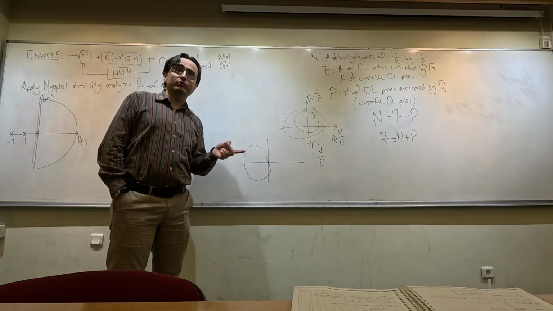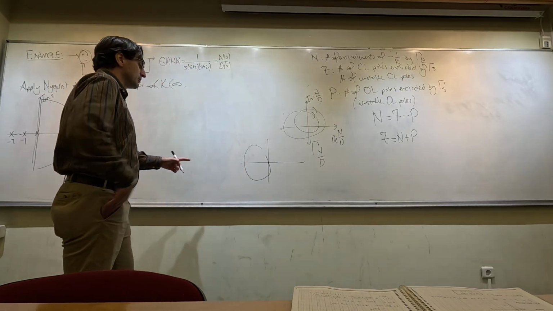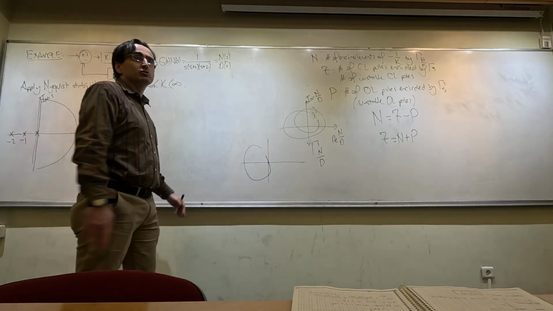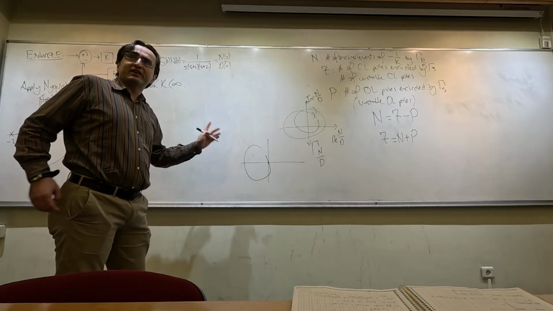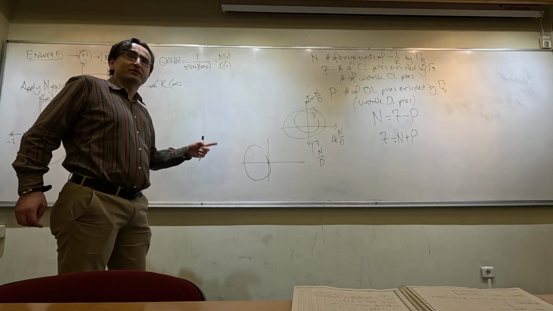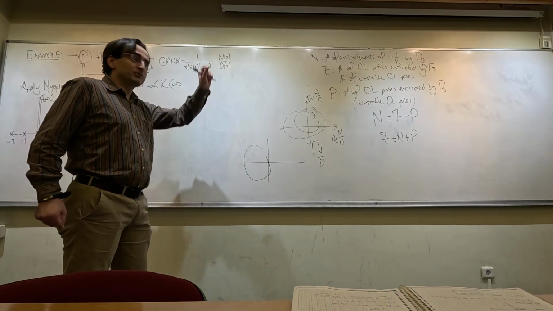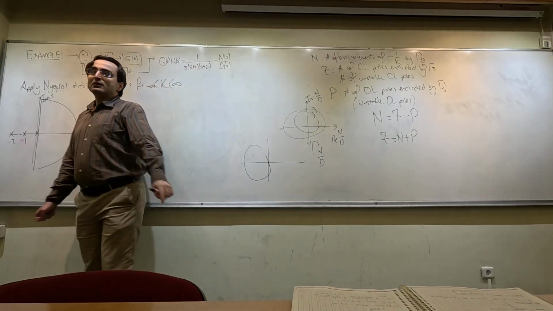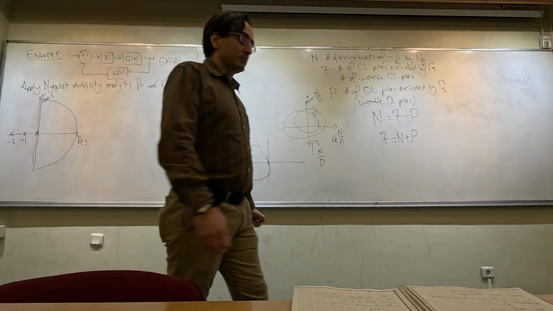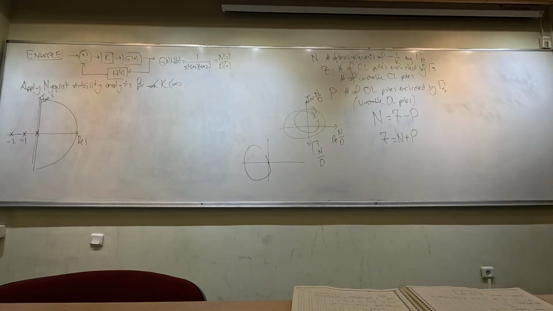And a pole is also going to cause a problem, because in that case, the transformed plot is going to go to infinity. Going to infinity is not a problem per se, but what is a problem for us is that we won't know its angle. If you have a pole on top of the original Nyquist path, the plot would go to infinity, but I won't know the angle of that plot.